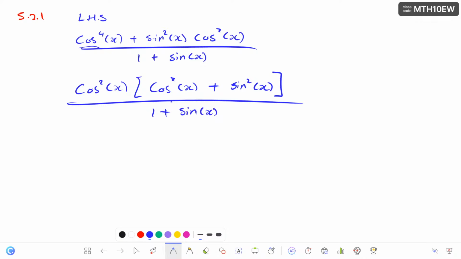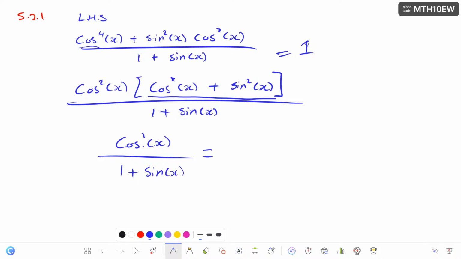So we know this one inside the bracket is equal to 1. Cos square x plus sine square x is the same thing as 1. So here we're going to have cos squared x over 1 plus sine x.